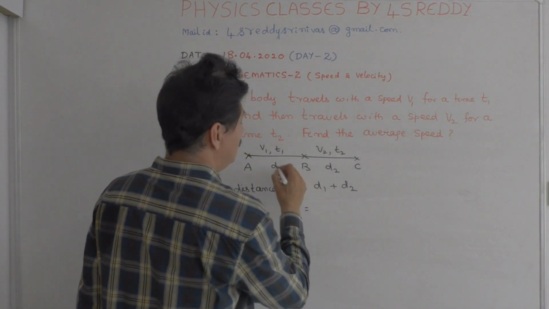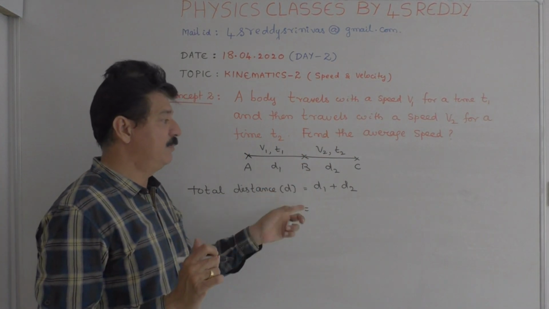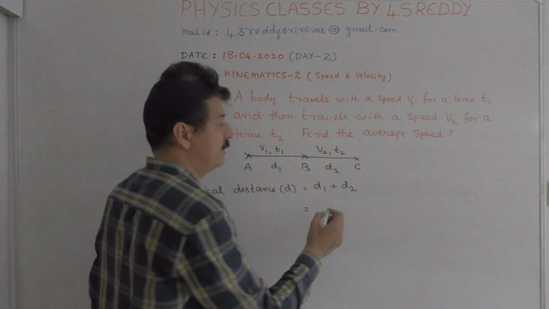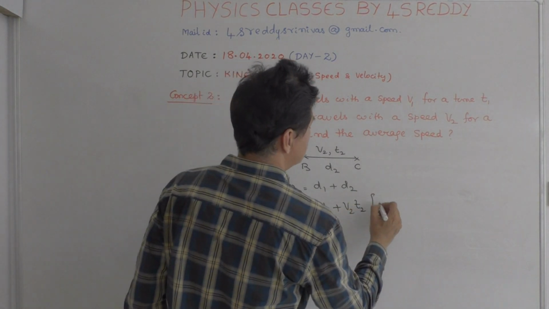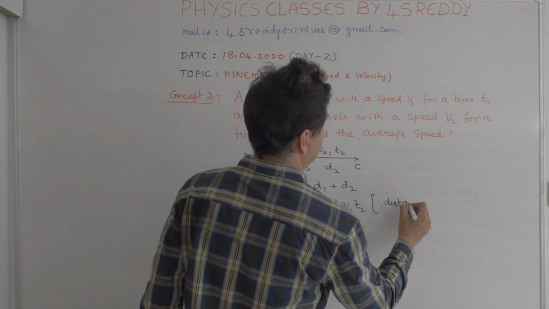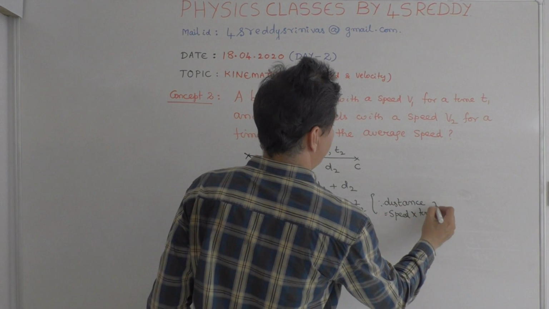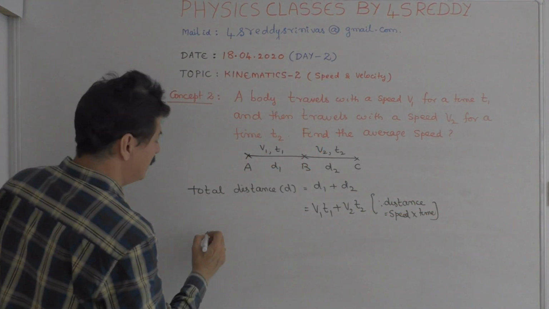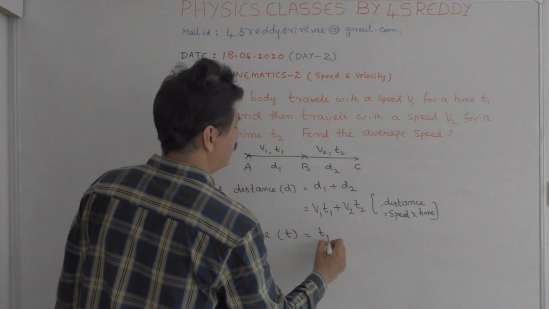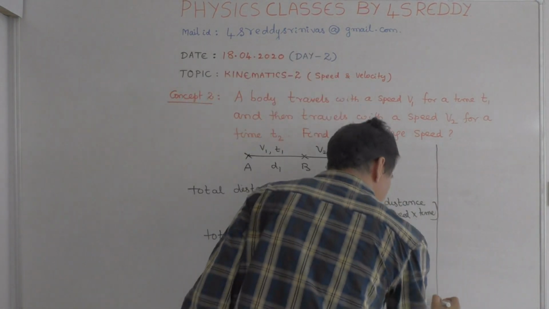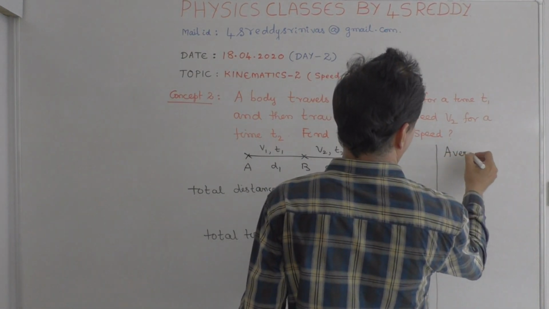But here, you know speed and time, not the distance. So can we write the distance in terms of speed and time? That is given by v1 t1 plus v2 t2, because distance is nothing but speed into time, from the base formula. And here total time t is equal to t1 plus t2. Once you have these two, now we can easily write the average speed.